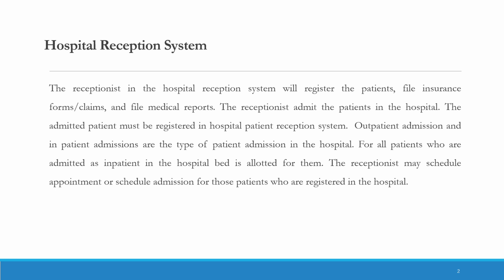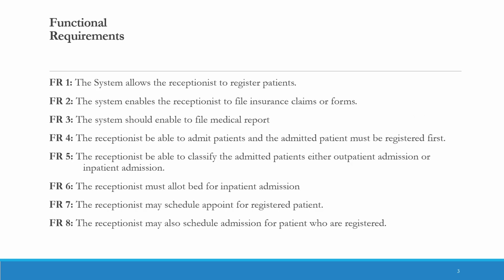So for this scenario, we're going to extract the functional requirements, the actors, the use cases, and the use case relationships. From the previous narration, the functional requirements are these. The first functional requirement: the system allows the receptionist to register a patient.